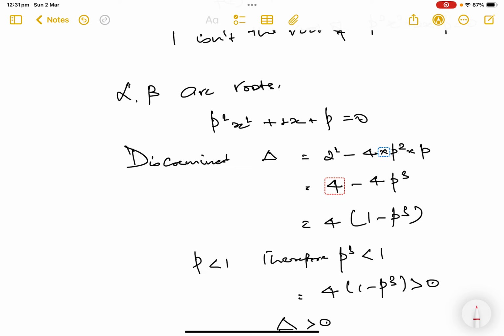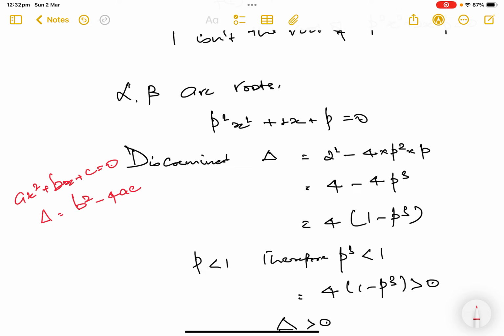As long as we prove greater than or equal to 0, that's good. If an equation is ax squared plus bx plus c equals 0, then the discriminant is b squared minus 4ac. So that is the discriminant of the quadratic equation given.